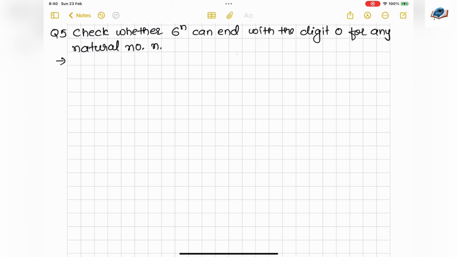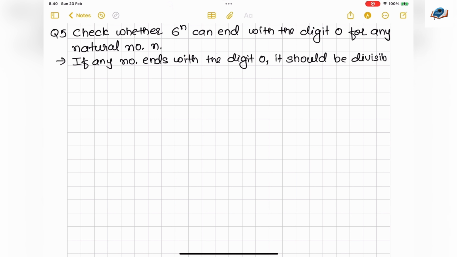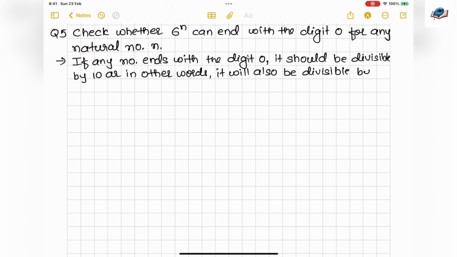So here I can write directly if any number ends with the digit 0, it should be divisible by 10, or in other words, it will also be divisible by 2 and 5.